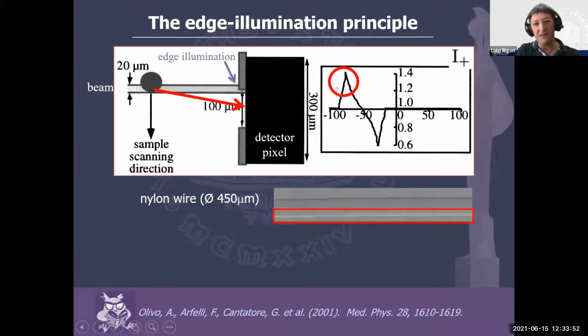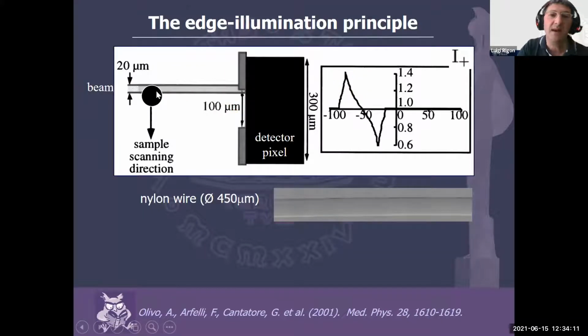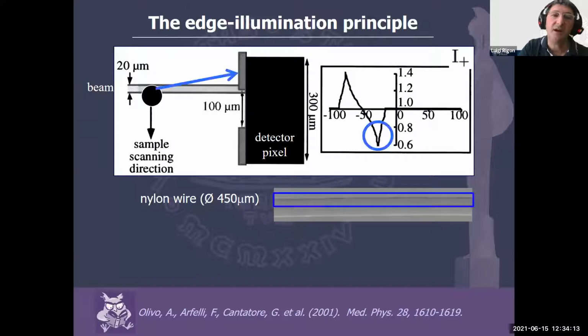So you have additional intensity, you have a peak of intensity, and this is the white band that you can see in the image. The sample is the usual nylon wires. We use nylon wires very often to test these techniques. Then you scan the nylon wire through this very thin beam, and at a certain point, the opposite will happen.